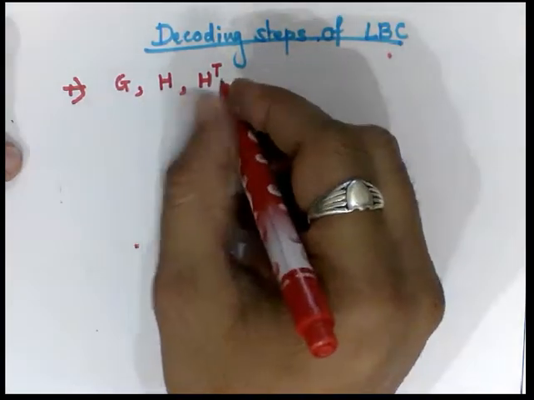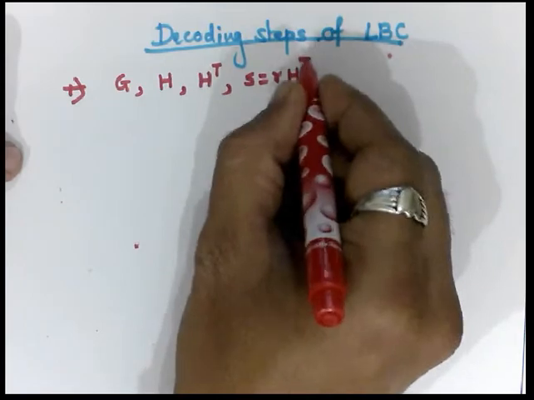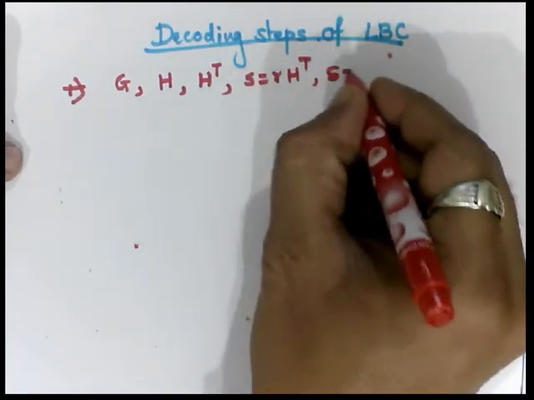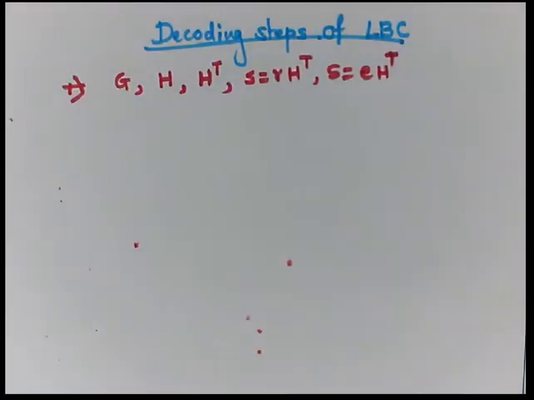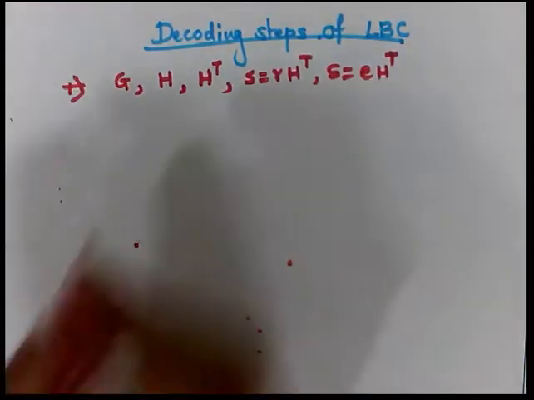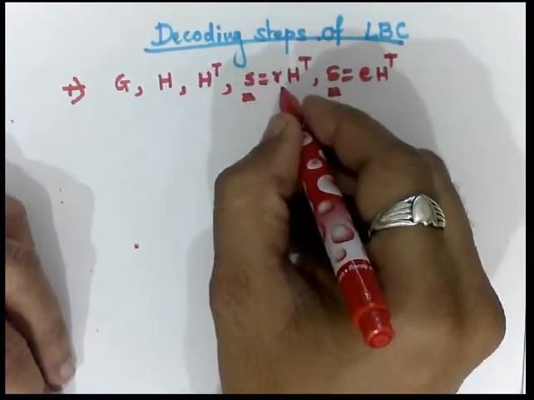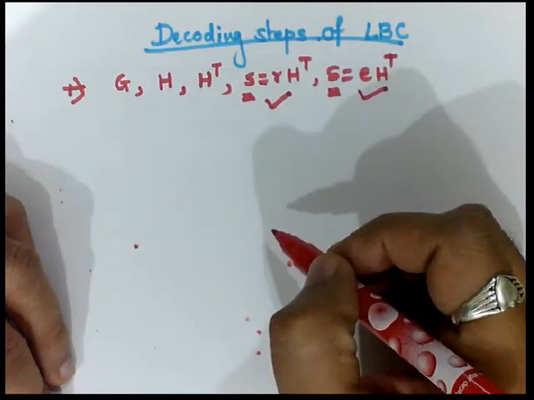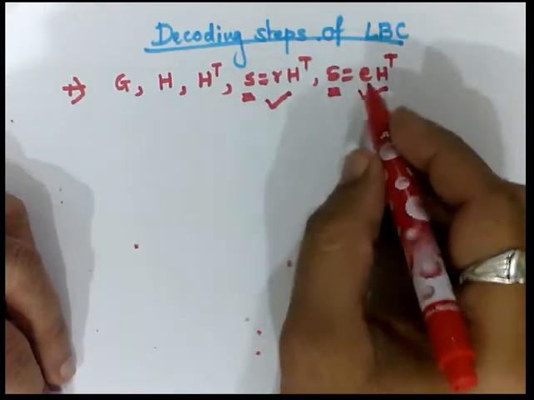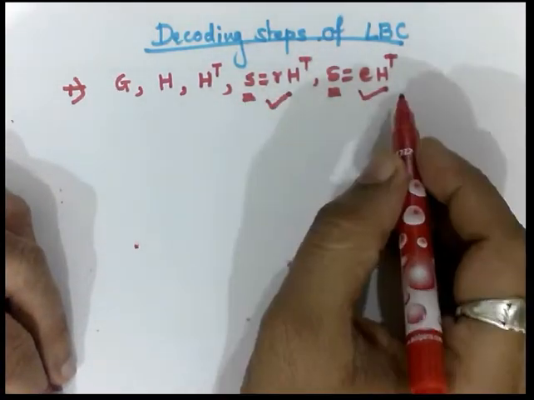From H transpose, you can calculate the syndrome by using S is equal to R into H transpose as well as S is equal to E into H transpose, where S is nothing but the syndrome. ये syndrome related to received code word है और ये syndrome related to the error pattern है. So here we are calculating the syndromes.